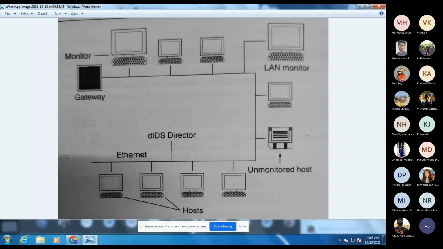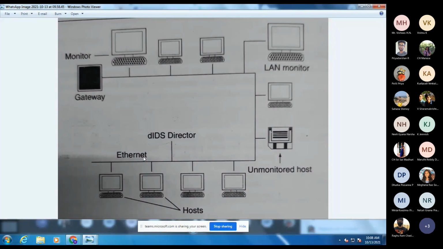Let me explain this diagram. Students, you can see this is a network, and there are multiple hosts in it. There is one unmonitored host also. There is one LAN monitor, and there are host monitors in each, I mean the distributed intrusion detection agents in each host. What will these do?